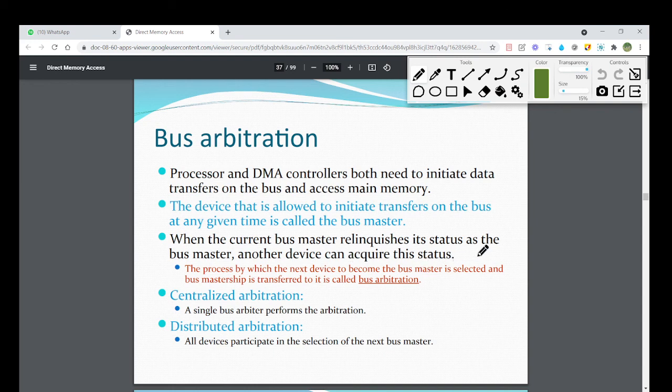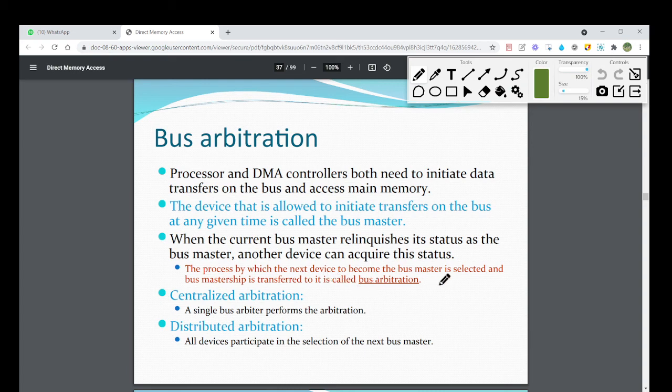Once the bus master releases the bus, another device can acquire it and become the bus master. The process by which the next device to become the bus master is selected and bus mastership is transferred to it is called bus arbitration.